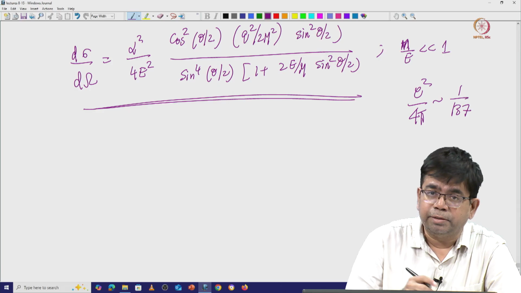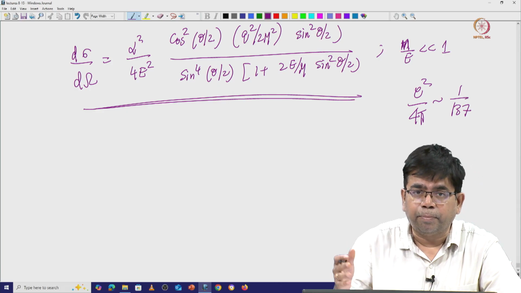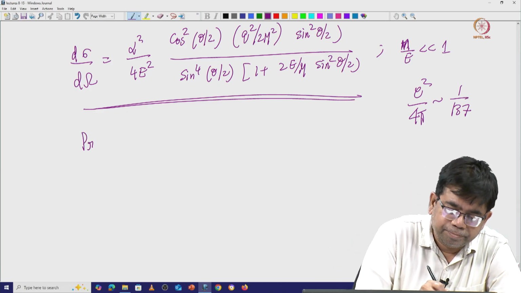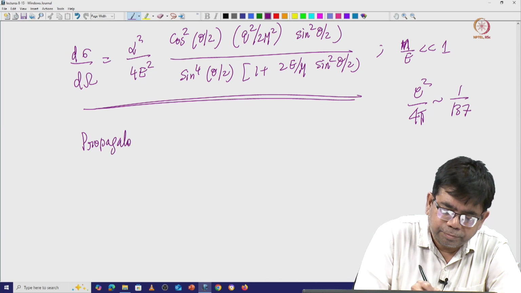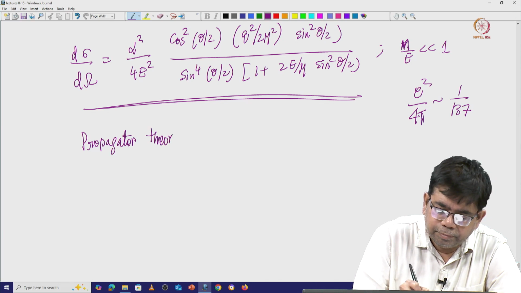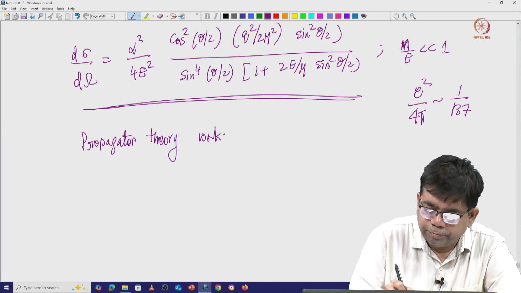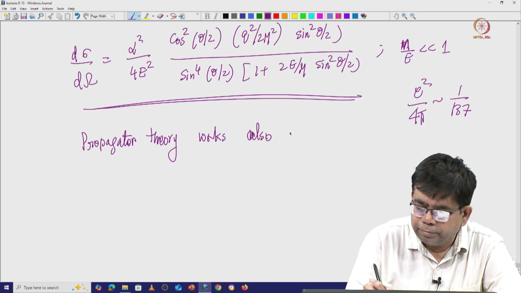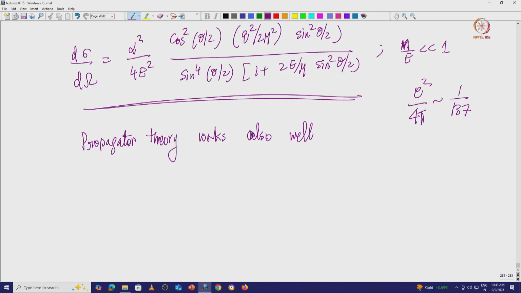The Green's function methods, or the wave function and propagator methods, propagator theory, in perturbative S matrix elements, also work very well to a certain extent in regimes with strong coupling, though not exactly strongly coupled.